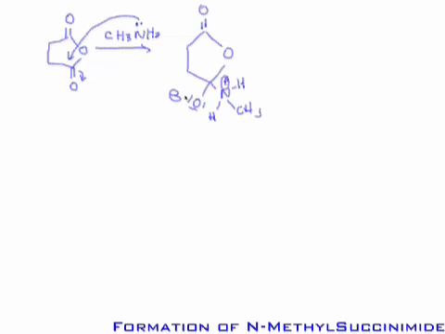Now what happens here is the pi bond reforms and the CO2 minus on the other end leaves, and we very quickly go to a CO2 minus. We have a double bond O. And we have this N and H2. Still too many H's here because it's positively charged.